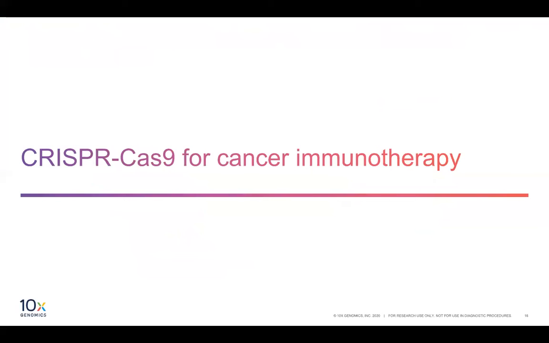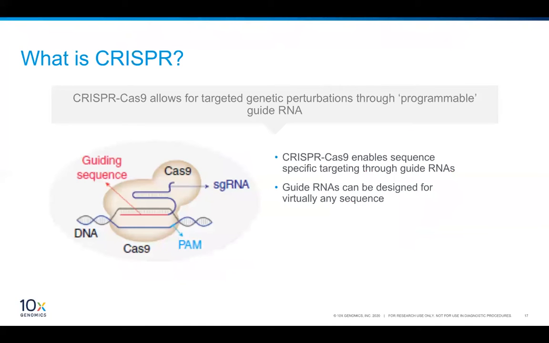In this second segment, I would like to talk in more detail about CRISPR and immunotherapy. Now, CRISPR-Cas9 is a gene editing technique that shows potential in cancer immunotherapy. So for the last 2 decades, targeted therapies that use drugs to target cancer cells have been the standard treatments for cancers.